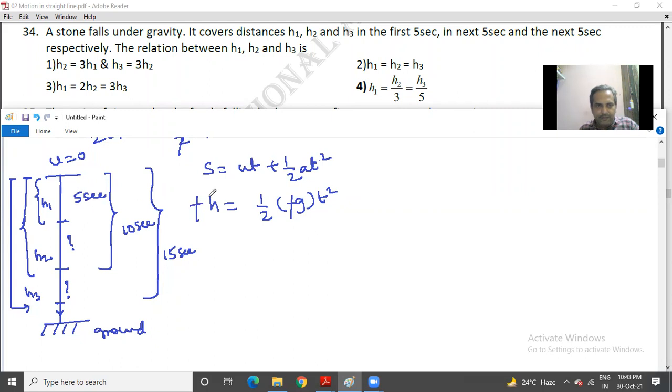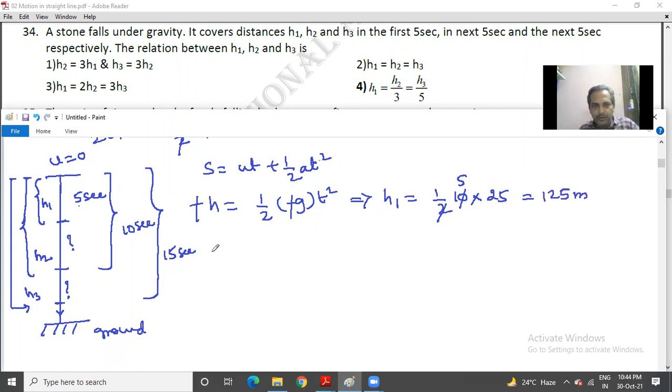Then in the first case, let us say the distance traveled is H1. Half, g is 10, with the time 5 seconds. So 5 square will be 25, and 5 times 25 will be 125 meters.